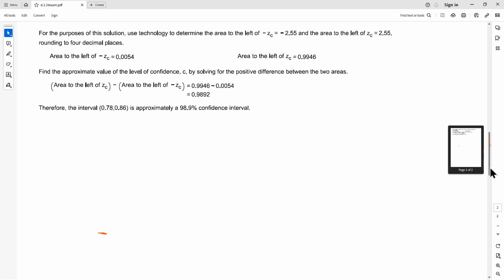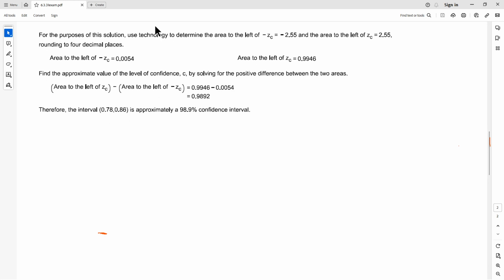For the purpose of this solution, we use technology to find the area. What they do here is find the area to the left of negative c sub z and the area to the left of c sub z, and then subtract, and you have the area in between.